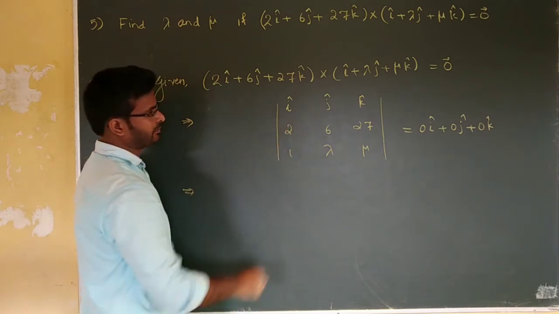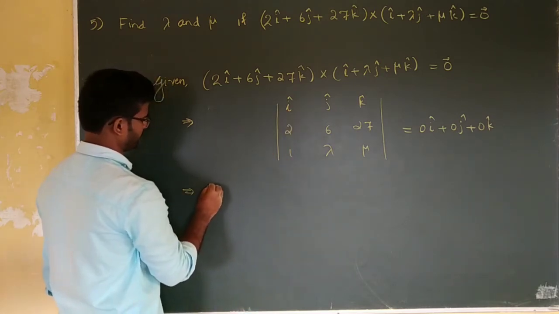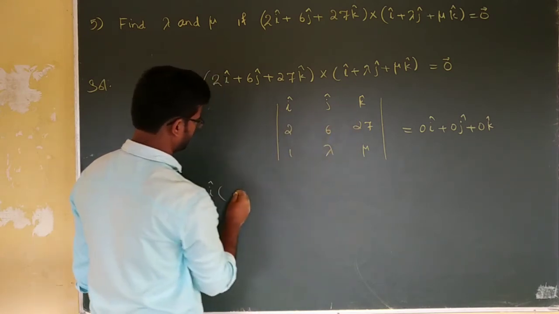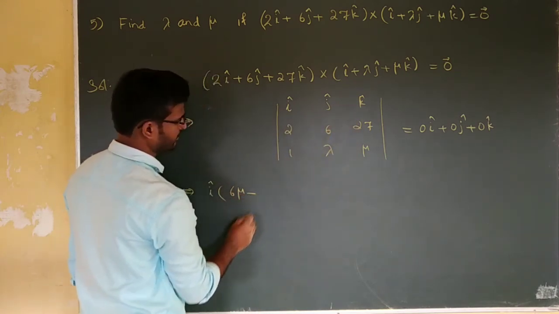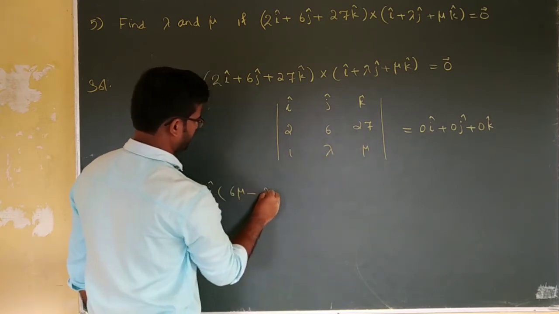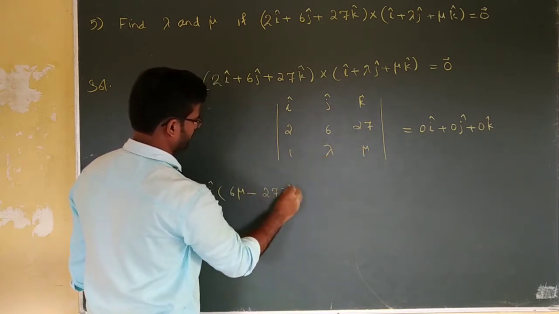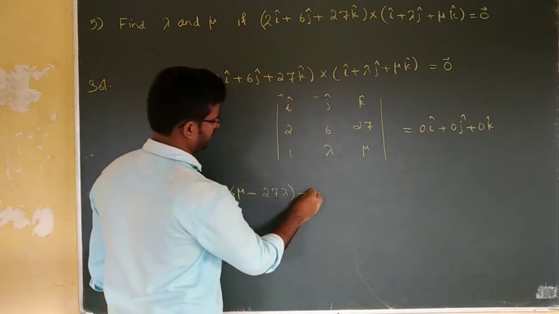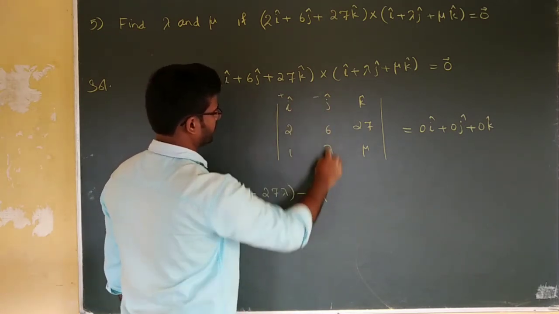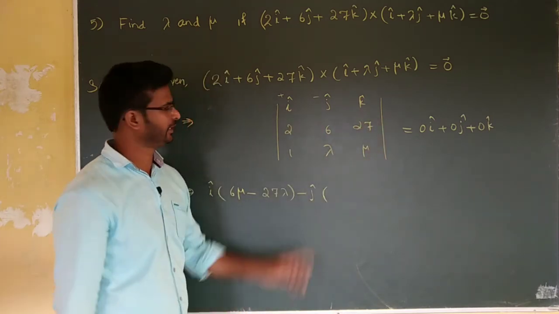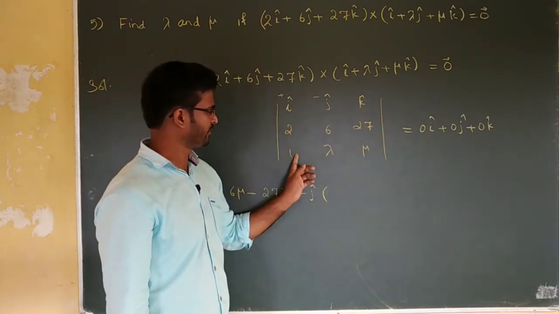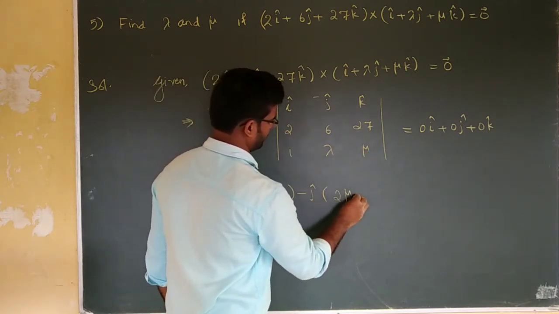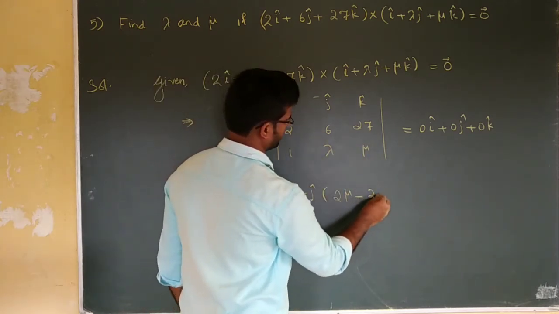Then we can take the determinant. i vector into, leave the first column and first row, then 6 into nu, 6 nu minus lambda into 27, we can write 27 lambda. This is plus, next will be minus only, isn't it? Minus j. Leave the second column, first row. Then remaining 2, 27, 1, nu: 2 into nu is 2 nu minus 1 into 27 is 27.